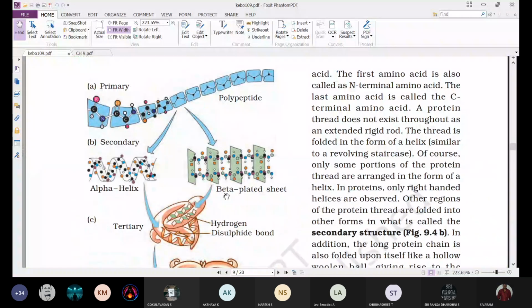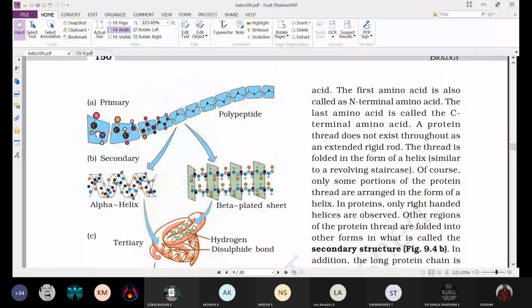Yes, you can see here, this is one amino acid, this is another amino acid. Like this, a large number of amino acids are joined together, and we can see one amino acid is joined with another with the carbon and the nitrogen.